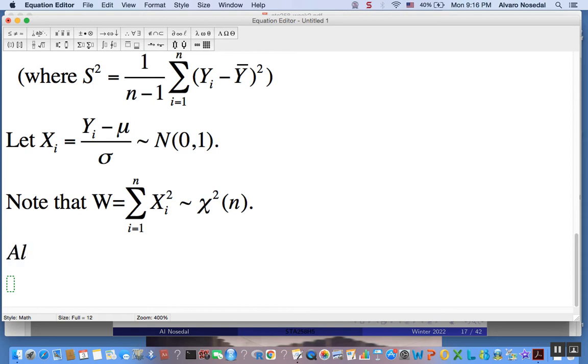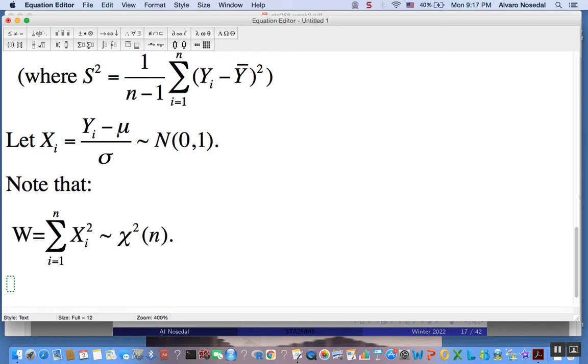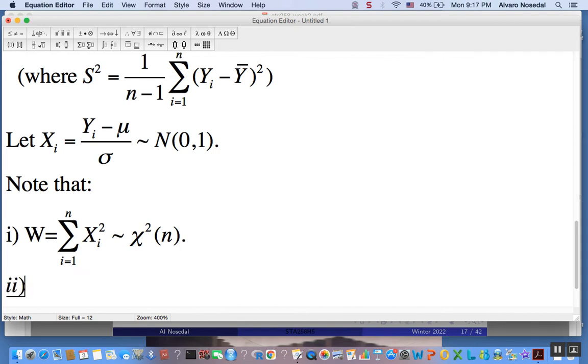So also note that observation number 1 is this. Observation number 2: y bar. Let's pay attention to y bar.